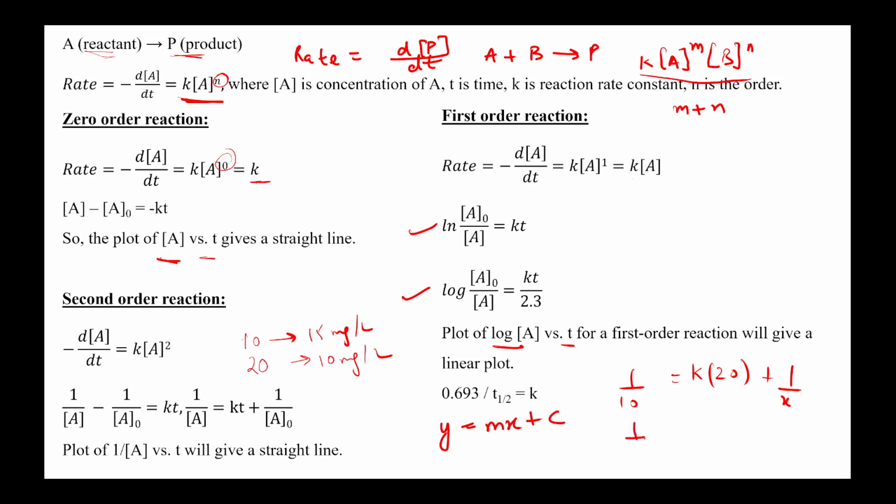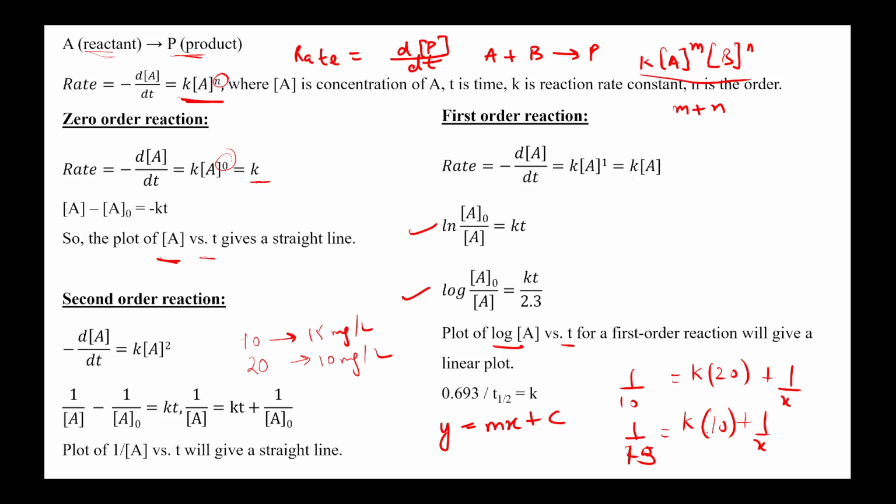The second equation: 1 by 15 is equal to K into 10 minutes plus 1 by X.